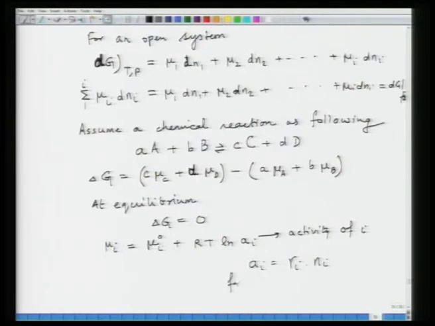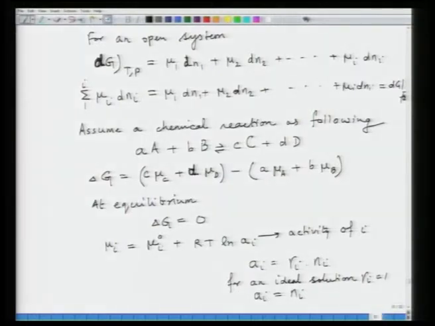For an ideal solution, gamma i is equal to 1, and we can then take ai to be equal to Ni. Okay, so now let us move to the next slide.